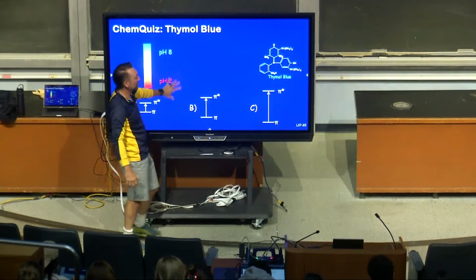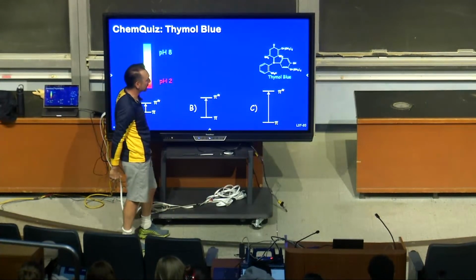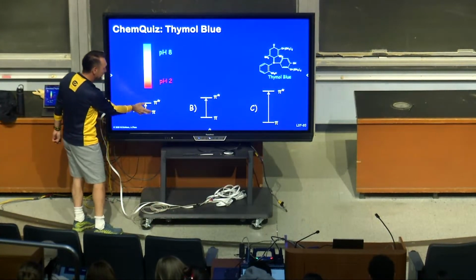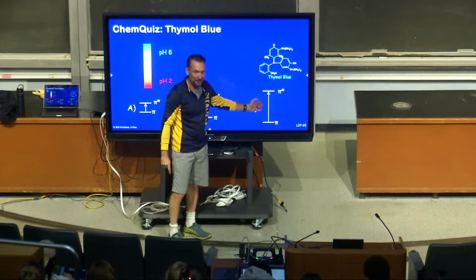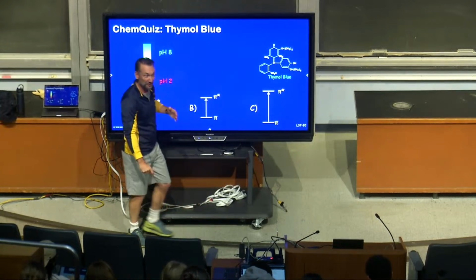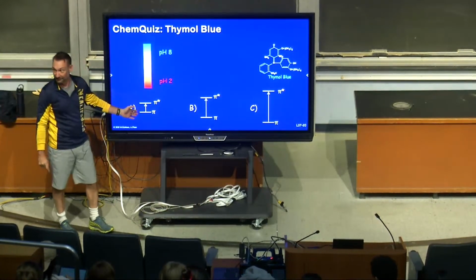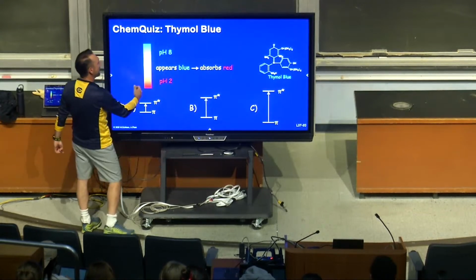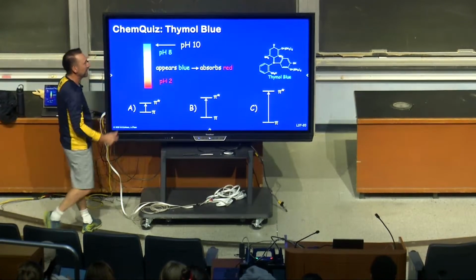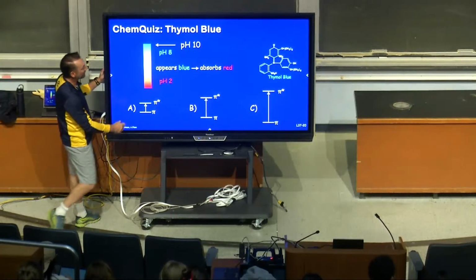Again, this is too complicated for this summer and for anything you'd see on the exam, but just reminding you, and it's a fun way to remind you, the solution is not blue because it absorbs blue. The solution is blue because it absorbs red. That you need to know on the exam, as you've had questions about that already.